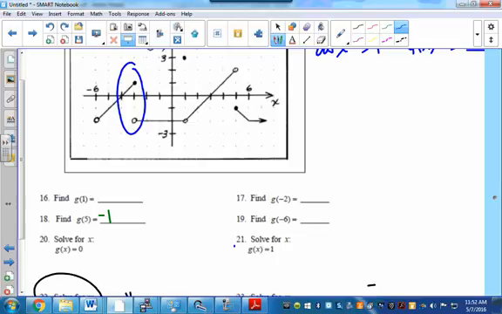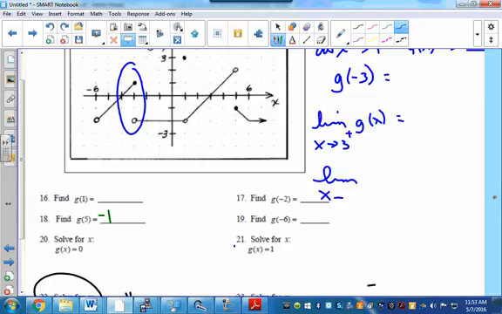So I might ask, what is g of -3? That's not a limit question. That's just look at the dot. I might ask this question, what's the limit of g when x approaches -3 from the right? What's the limit as x approaches -3 from the left? Still looking at the function g.